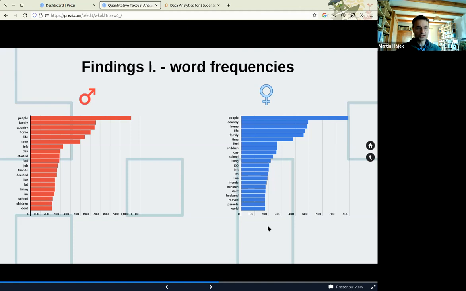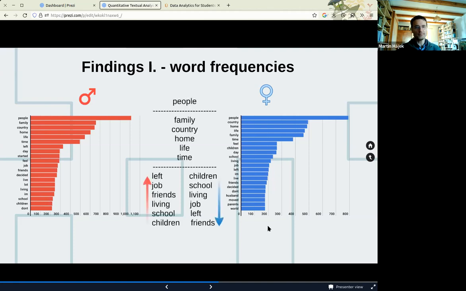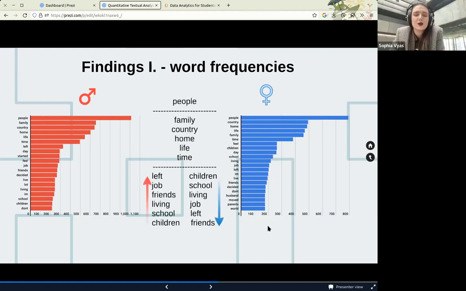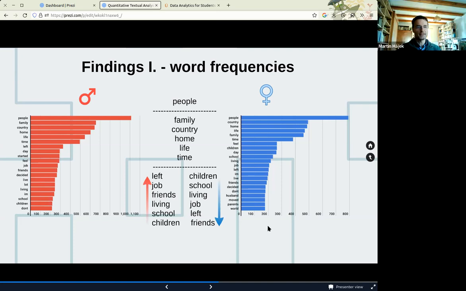And my interpretation for word frequency differences between male and females, if I recapitulate what the differences are: there is people, which is above all.